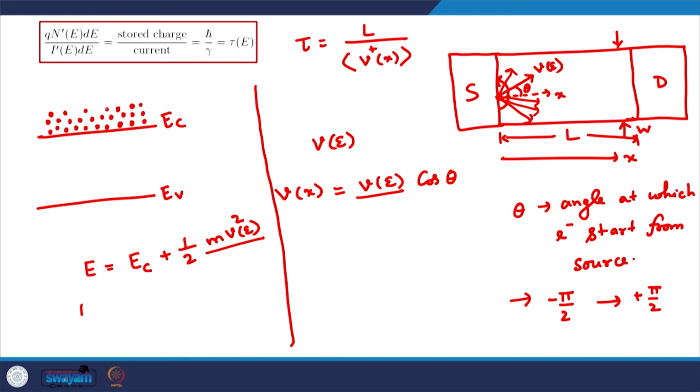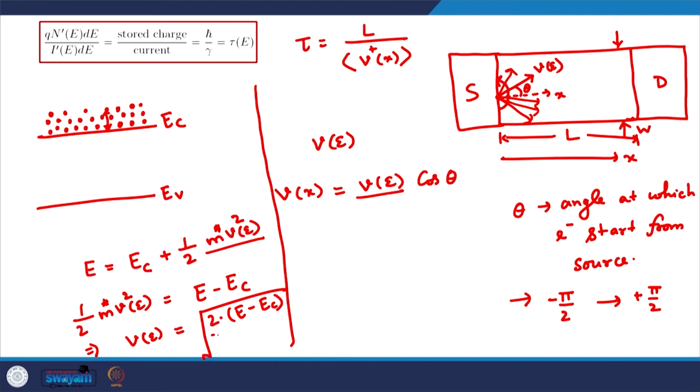So, if electron is sitting here, this much will be the kinetic energy of the electron, and so half m v e square will be equal to E minus EC, and this implies that v e is, please keep in mind that m here is m star, because since we are using classical analog of electron, we need to use m star instead of m. So, v e will be equal to square root of 2 times E minus EC divided by m star.